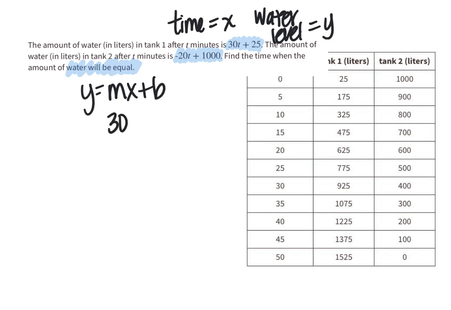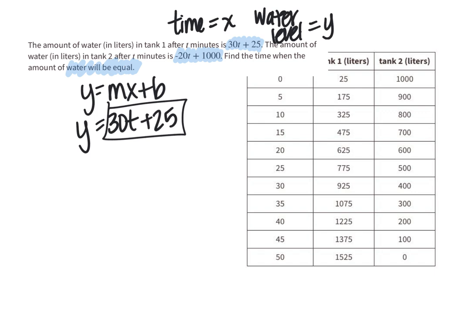This one is 30T plus 25, so it would look like Y equals 30x plus 25. If both of these equations represent the water level, and both tanks are at the same water level, that means I can set these two expressions equal to each other. We on the same page?